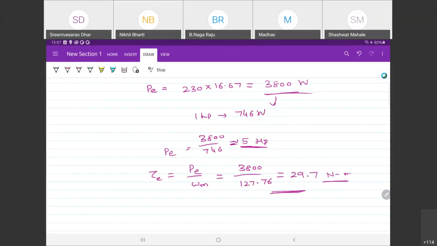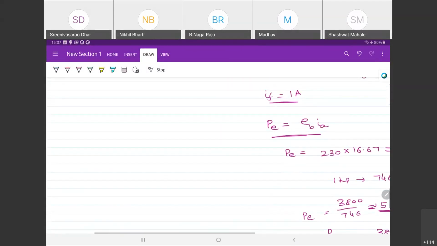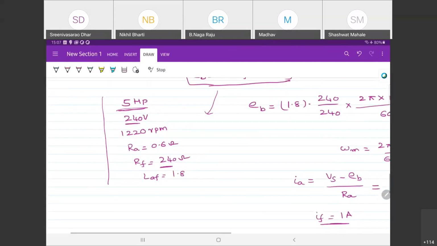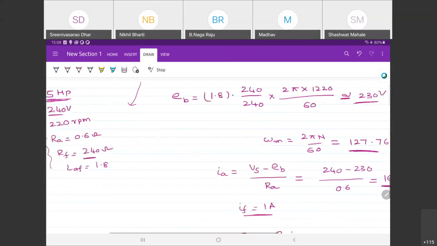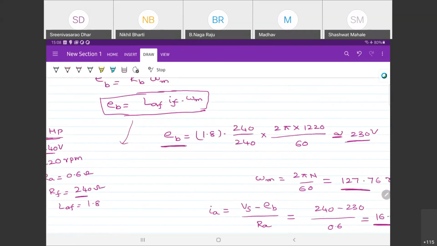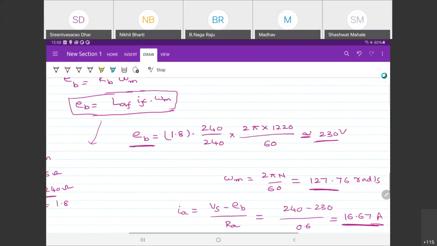So all the parameters we already achieved, right? These are the machine data that is available to you. Your objective is to design a 1220 RPM, 240 volts DC, 5 HP motor. First, using this data, you calculated the expected back EMF, roughly 230 volts.